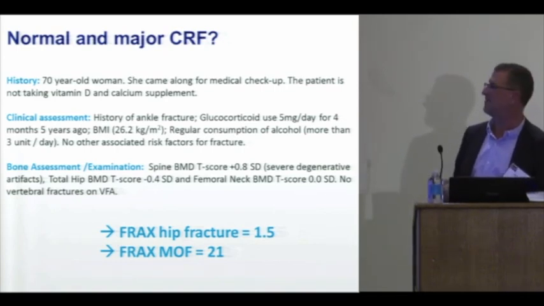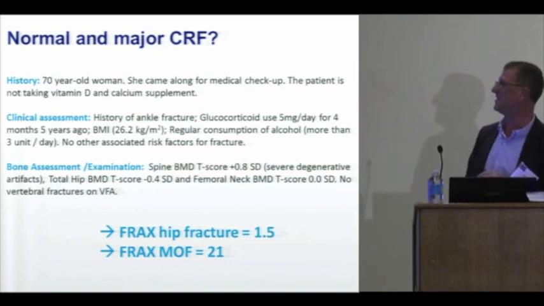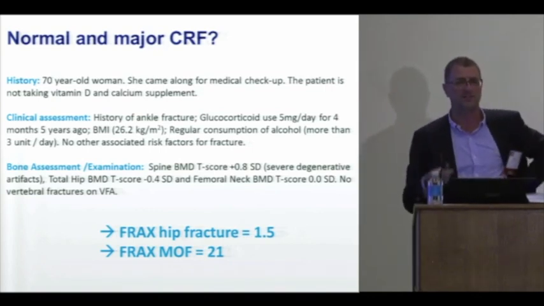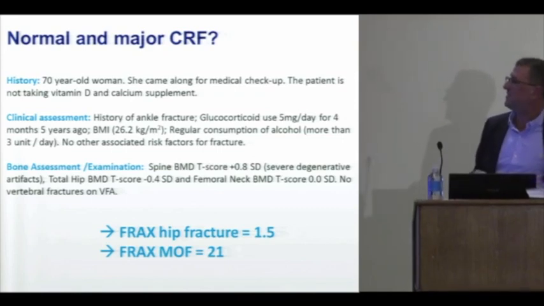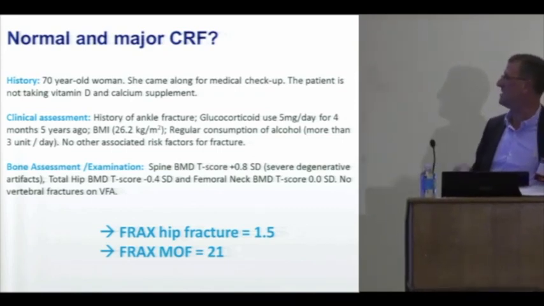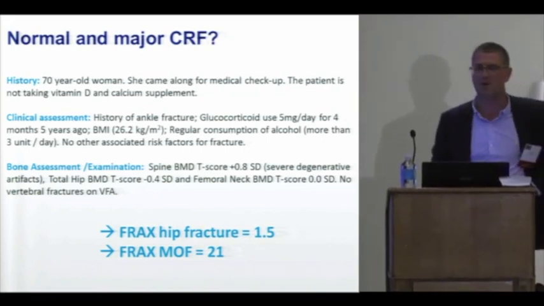When we did the examination, the spine BMD T-score was very high, though she had artifact from degenerative disease. BMD of the hip was normal, minus 0.4 or even 0 at the femoral neck, and there was no vertebral fracture assessment.